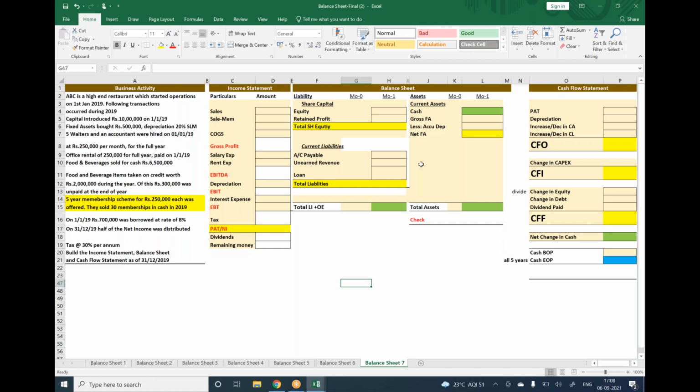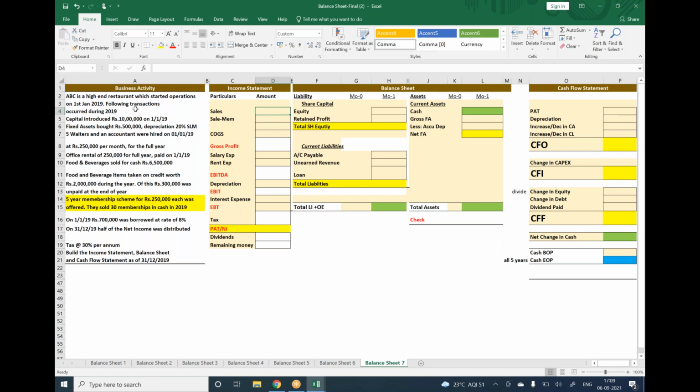It's not matching. At least what was your profit? Okay, so most of you have got the same answer. Let me try solving it.